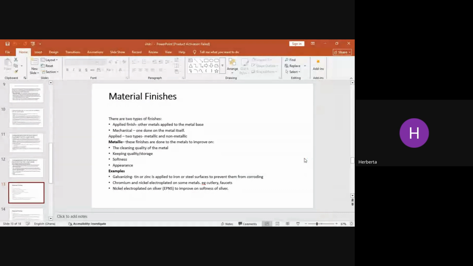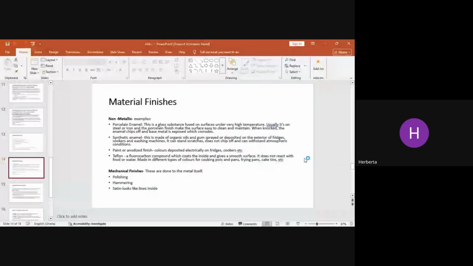But such metals are very, very expensive. So most of the time they only use it as a cover, or they mix it as an alloy with some of these cheaper metals to blend their characteristics. So chromium or nickel is electroplated on some metals, for example cutlery or faucets. Nickel is electroplated on silver to improve its softness.